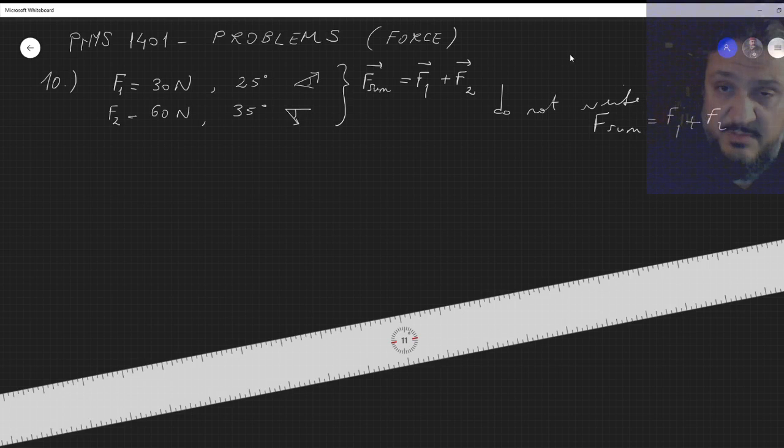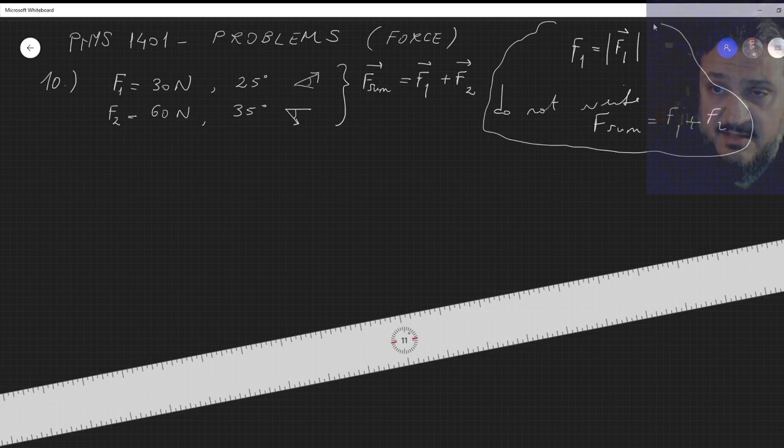The magnitude can be written like this, which is equivalent to putting bars next to the vector. So this equation on the left is correct only when you keep the arrows on top. Do not use this one, because it would mean the magnitudes are added, which we're not doing.